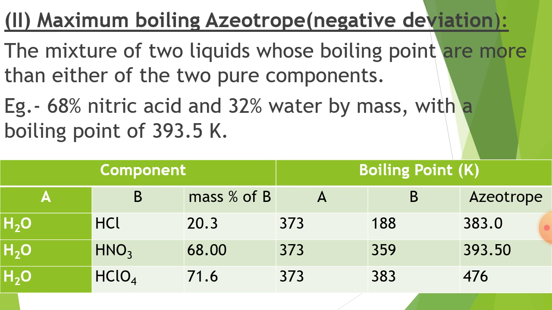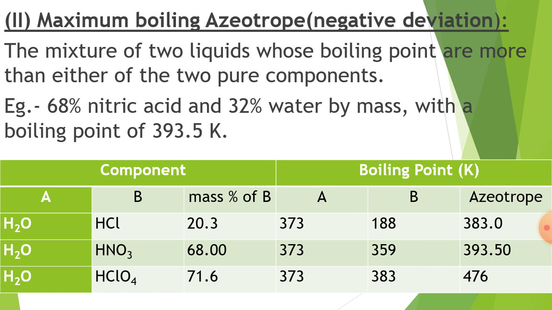Some more examples are given in the form of a table. Components and boiling points. Component A is water, water and water, but the B components are changed. First, HCl, mass percentage of B 20.3, and the boiling point of A is 373, but the boiling point of HCl is 188.